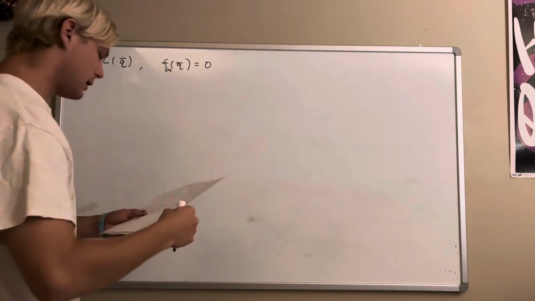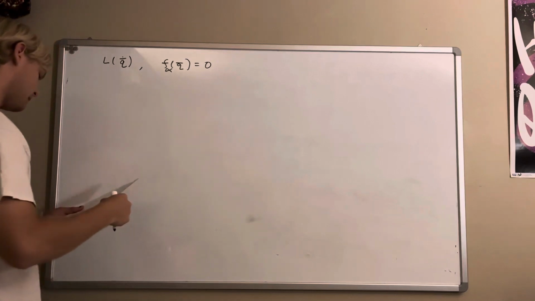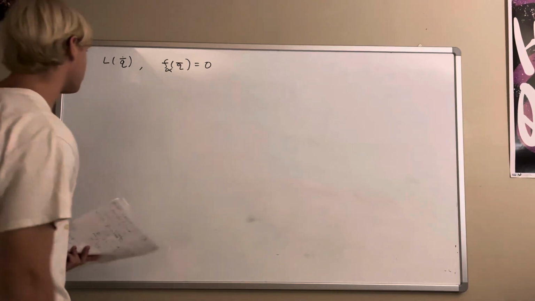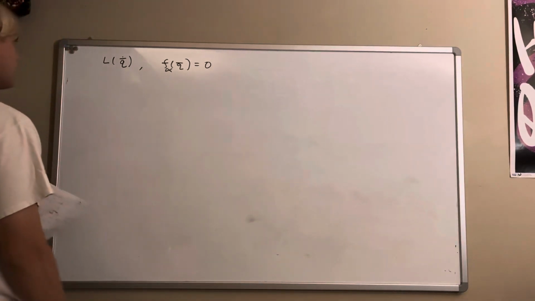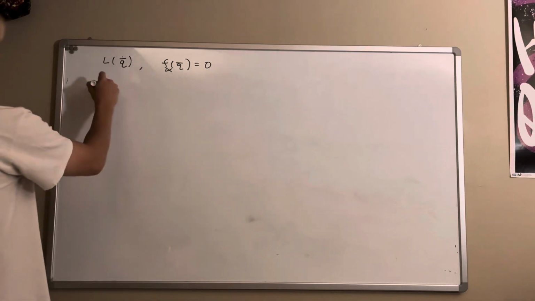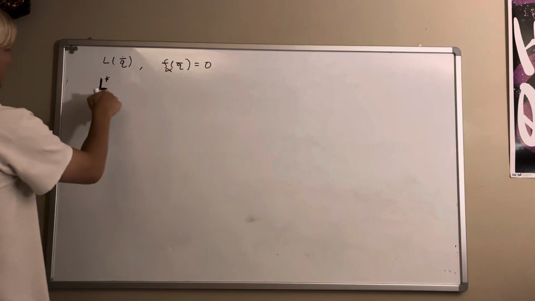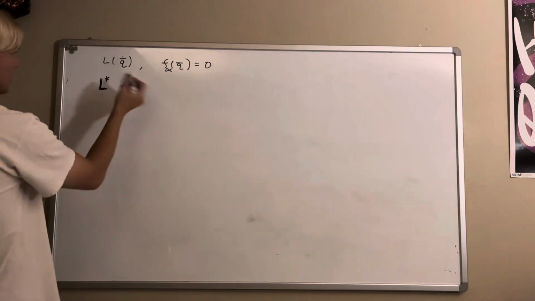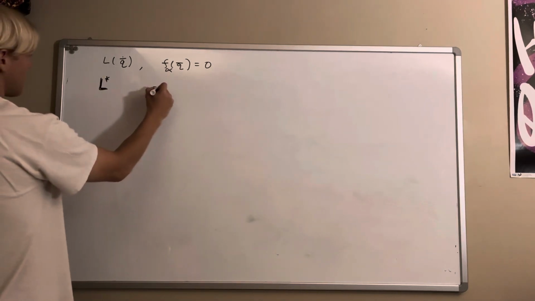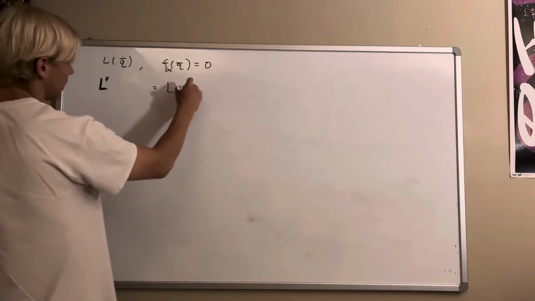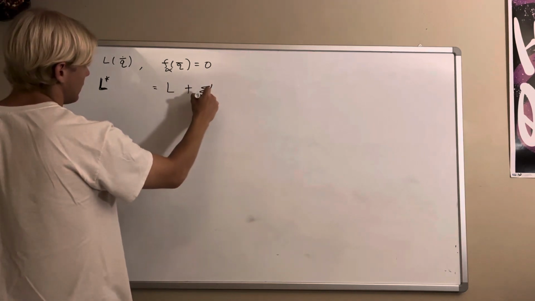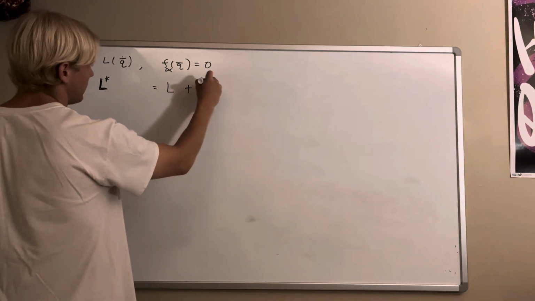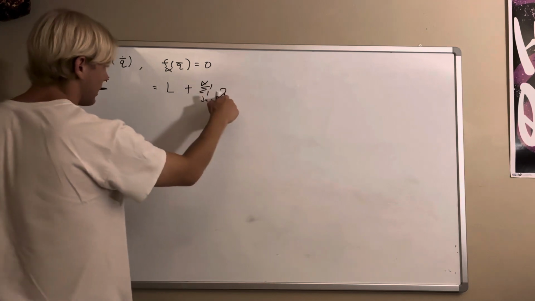So you get something pretty cool if you define your modified Lagrangian L star. It's going to be equal to L plus the sum from j equals 1 to alpha of these lambdas.